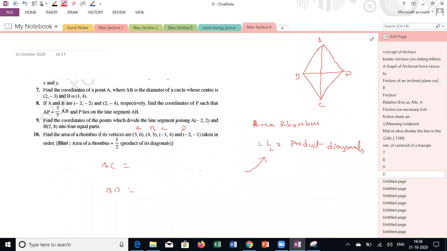First, let me know what is the AC value. Sir, root 32. Root 32 or 2 root 16. Sorry, 4 root 2. Same, find the BD value.